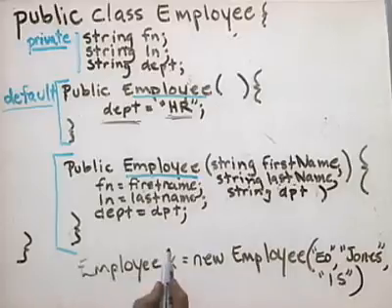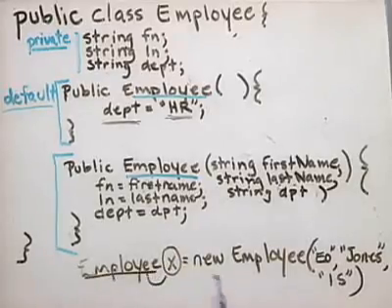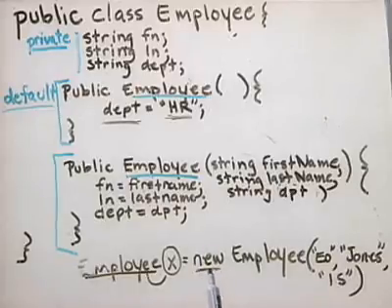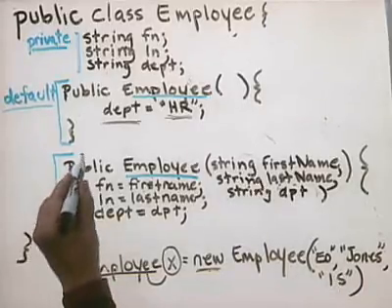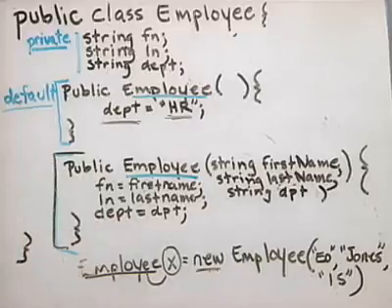I have a variable called x, which is of type employee. I'm creating a new employee object in memory, and I'm calling the three-argument constructor. So what I'm really doing is calling this constructor right here. What this does is it gives the object an opportunity to actually initialize some of the data members.